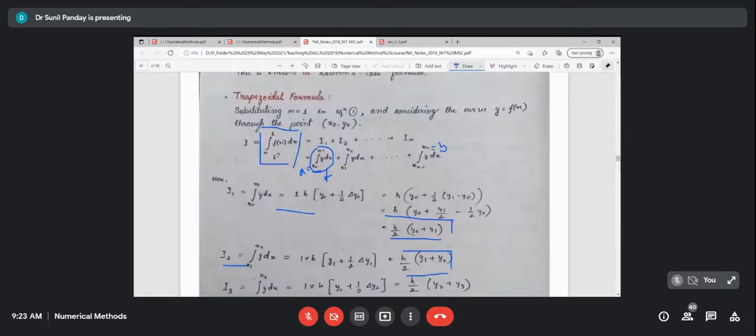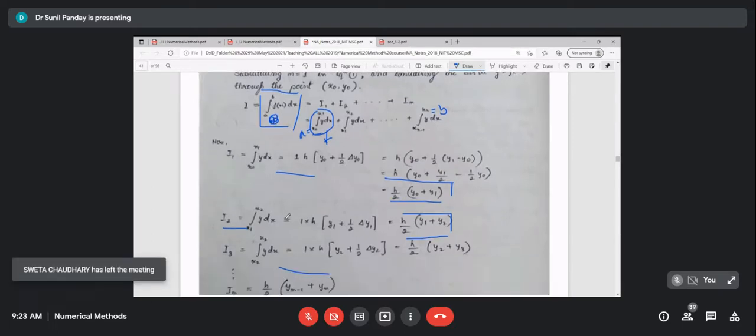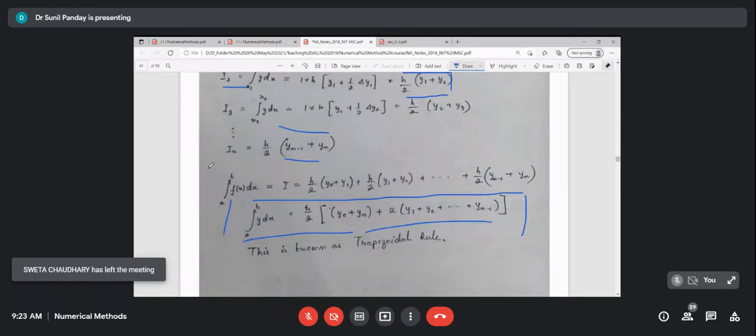Because we are integrating, we added all these. After adding, on the left hand side we have the integral from a to b of y dx, and on the right hand side we have h by 2 (y naught plus yn plus 2 times y1 plus y2 up to yn minus 1). So this is the trapezoidal rule.